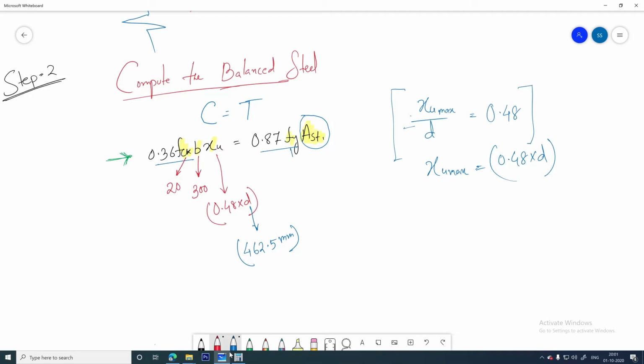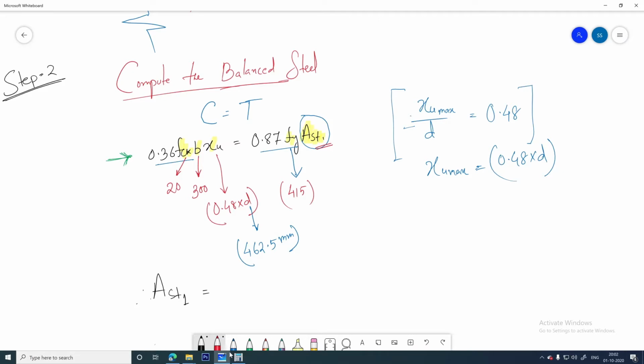And what is the value of fy? That is 415 Newton per millimeter square. And so we have all the values except this AST1. So you can determine the value of this AST1. So what is the value of AST1?